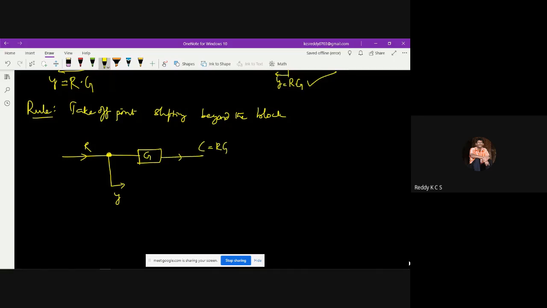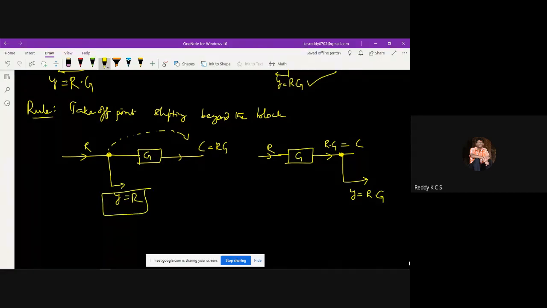So if I want to shift this takeoff point to this side without changing anything, what will happen? My y value will change, but the output is r into g only, which is equal to c. But what is the actual y here? R only. So this should not change.